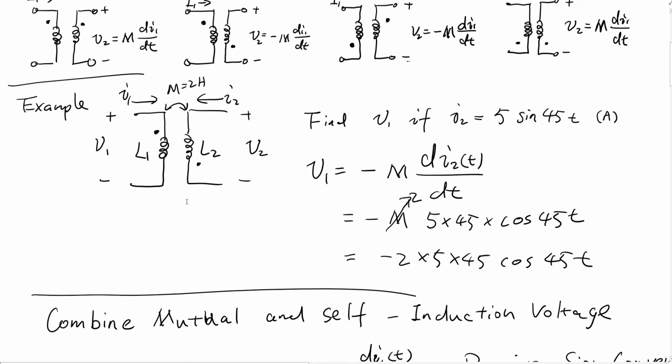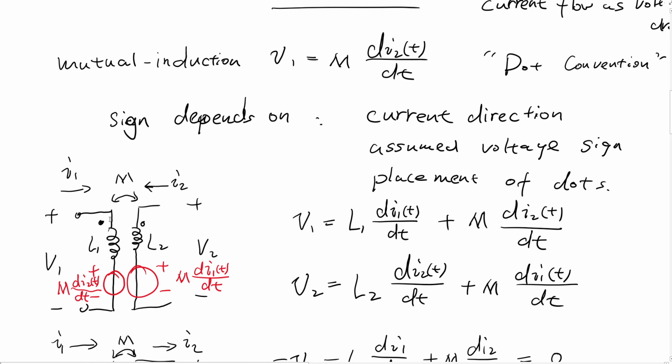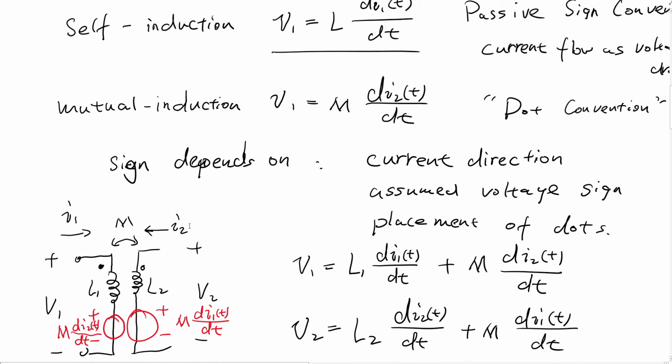If one side has a current, it will induce a mutual induced voltage on the other side. I2 will cause voltage on the primary side, and I1 will cause voltage on the secondary side. In this case both sides have current, so we'll have two voltages induced.